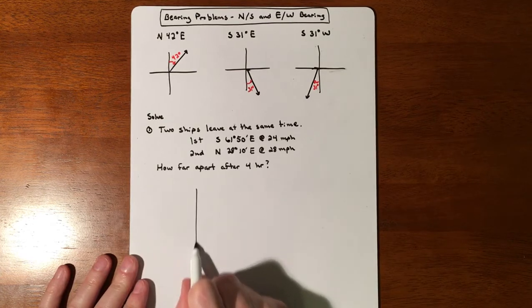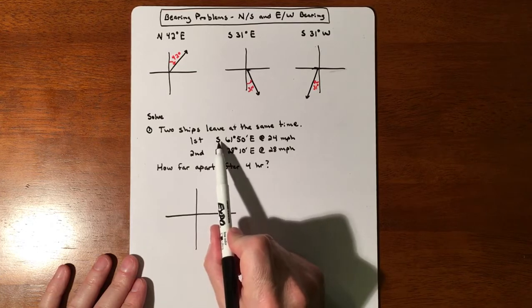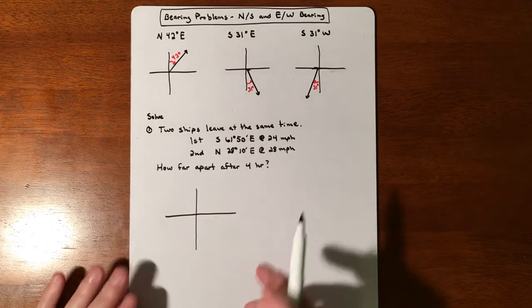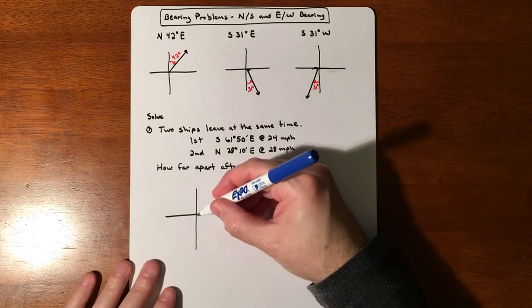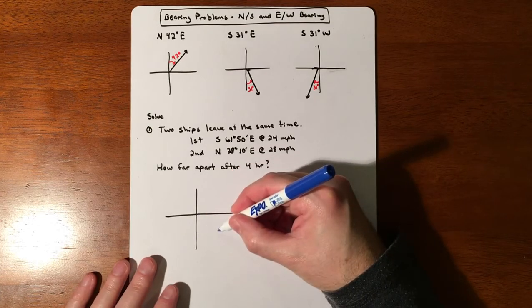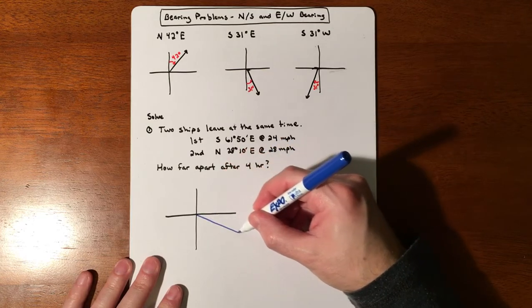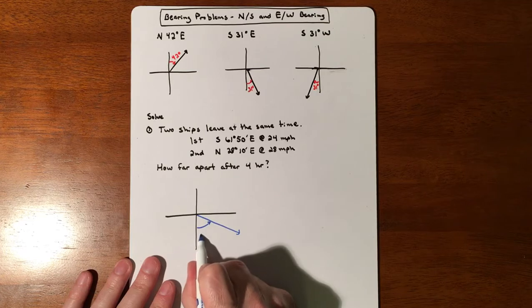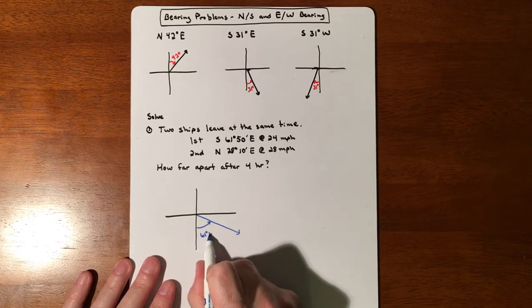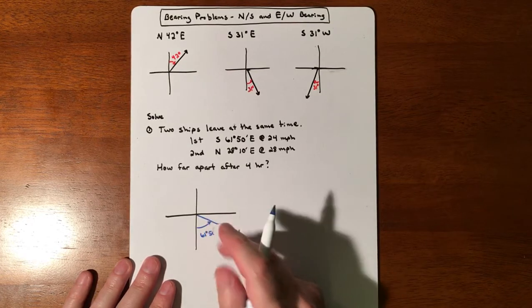So our first is going to be heading south 61 degrees 50 minutes to the east. So let's draw that. So it is south, and then we're branching 60-ish degrees to the east. So we're kind of heading in that direction. So that measurement is 61 degrees 50 minutes.